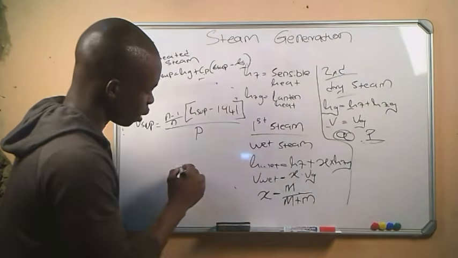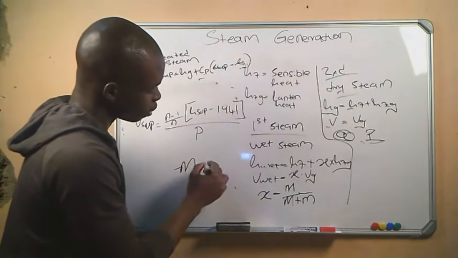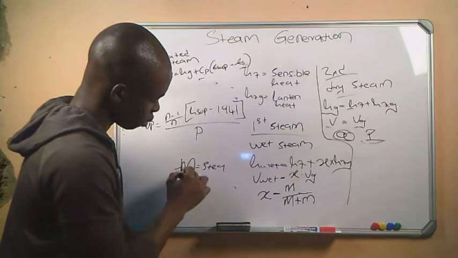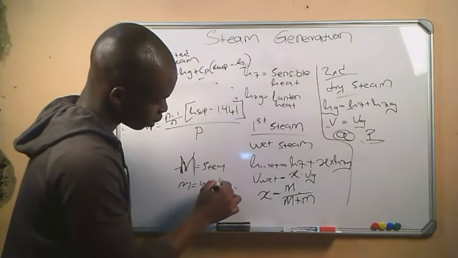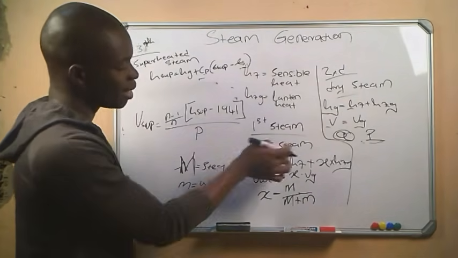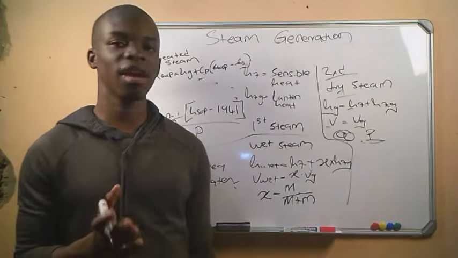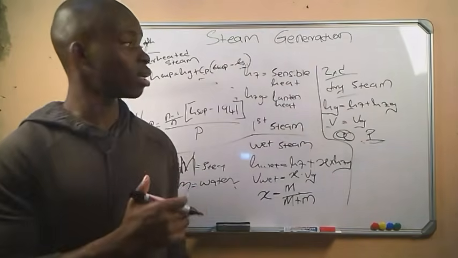The big letter M is the mass of steam, and the small letter m is the mass of the water droplets inside the wet steam. So basically that's everything that we will need in this topic.